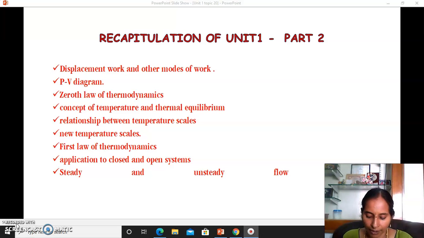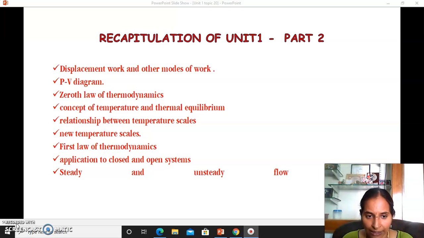And in an isolated system the energy of the system remains constant. Considering the non-flow energy equation for the first law, we have del Q equal to del W plus dU.